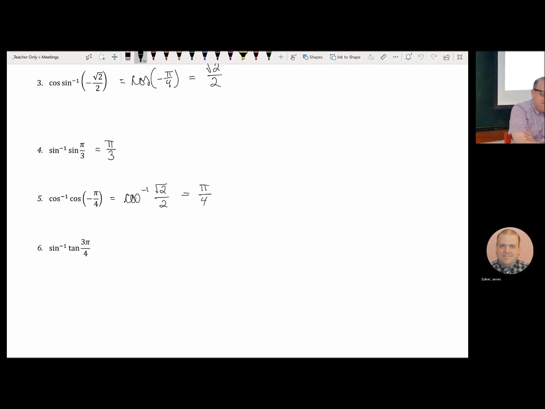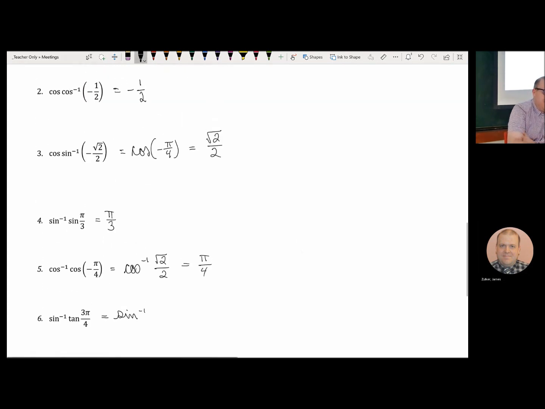Inverse sine of the tangent of 3 pi over 4. Could you scroll up or down for just 1 second? I just want to see something on number 2 again. Scroll down. Let's get back. That's up. Thank you.